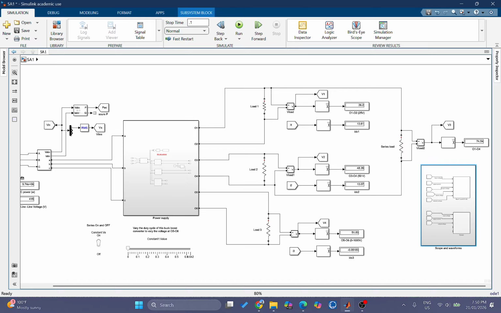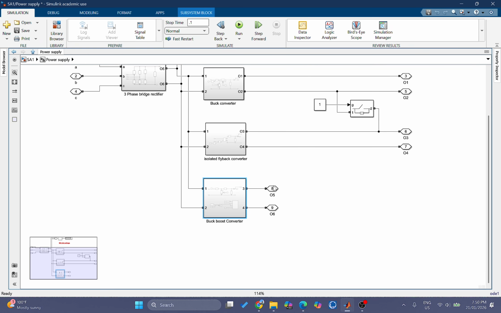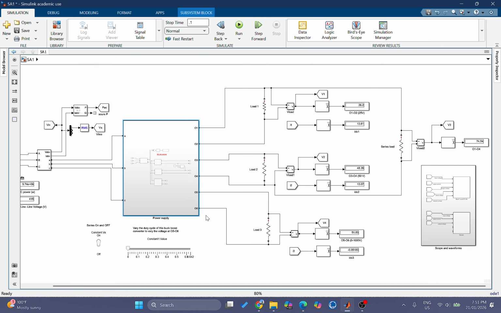In conclusion, we can now say that the project provides a robust, modular, and scalable multi-output power electronic converter. You can add other converters below the buck boost converter if you require.